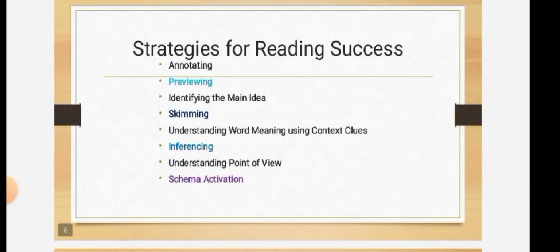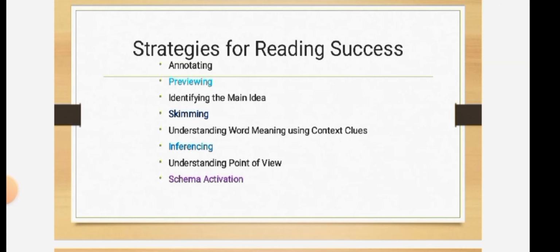Strategies for reading success. So, your toolbox for conquering academic texts. Now that we know the why and what of academic reading, let us learn how with these powerful strategies. Annotating. Become an active participant. Write notes directly on the text or electronically to highlight key points or main points. Ask questions and connect information to what you already know.